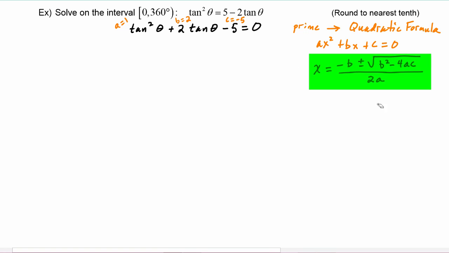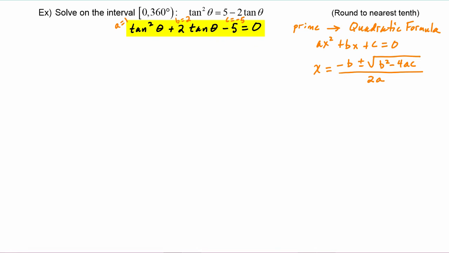So when we look at this quadratic formula, remember that we set x equal to this expression. So over here, it means that we're going to have to set tangent of theta equal to that expression, because tangent of theta in this equation is acting just like the x in this equation.